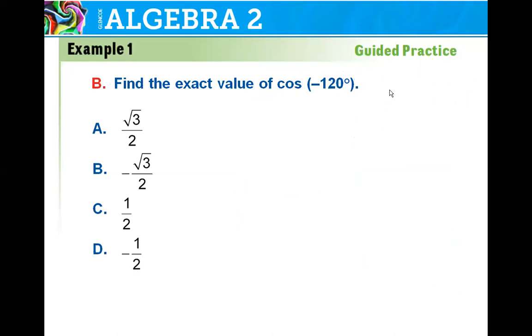Okay, cosine negative 120 will be cosine A minus B. Okay, so you use cosine A minus B. There is no problem about it. What are your two angles? So I can choose any.